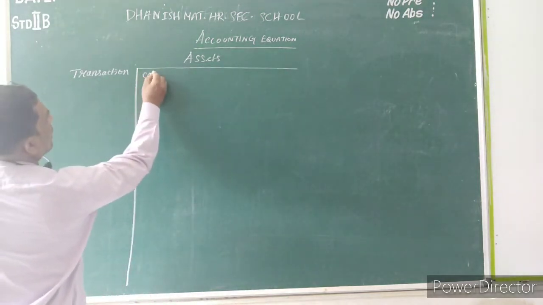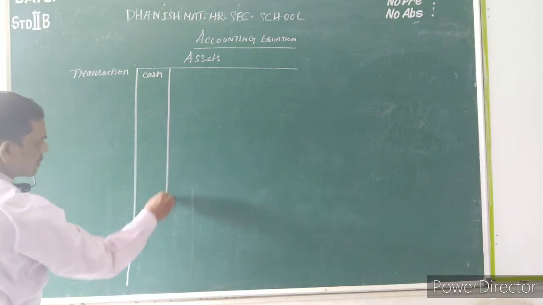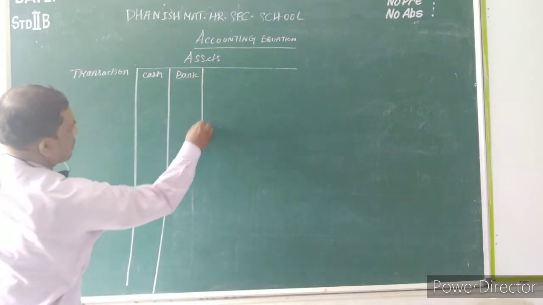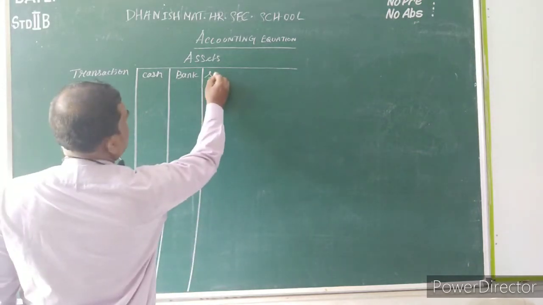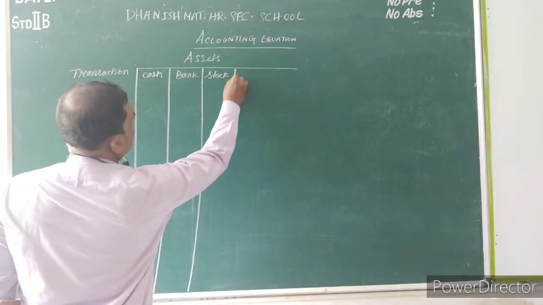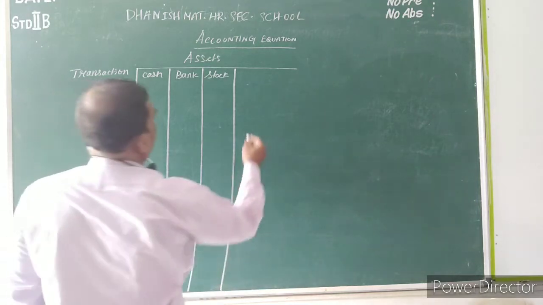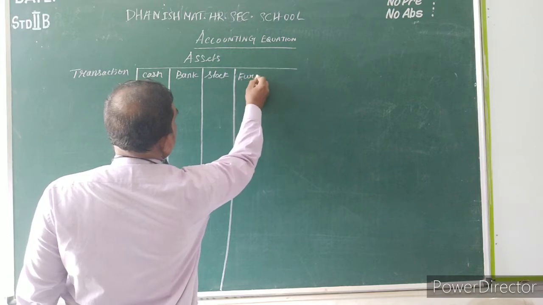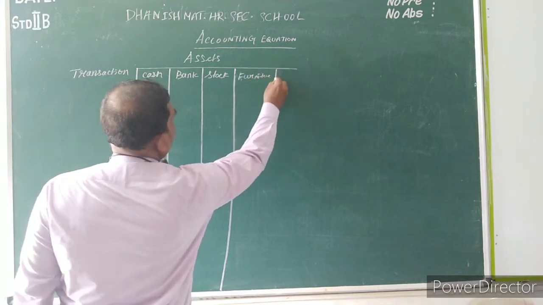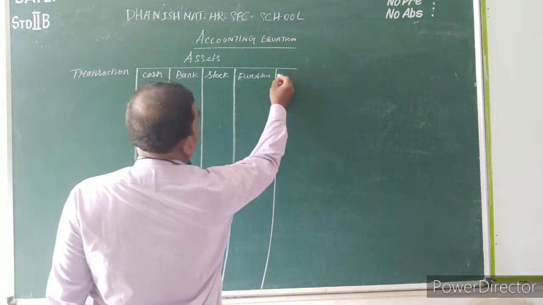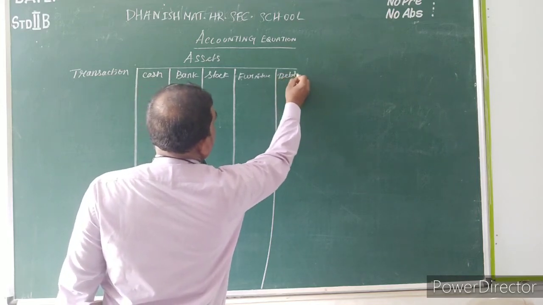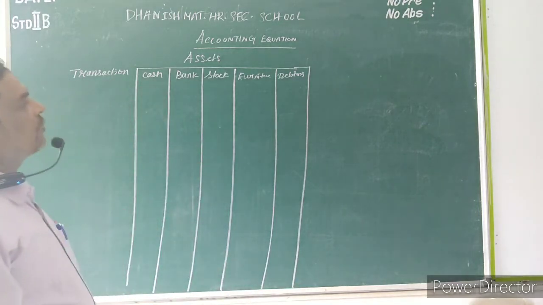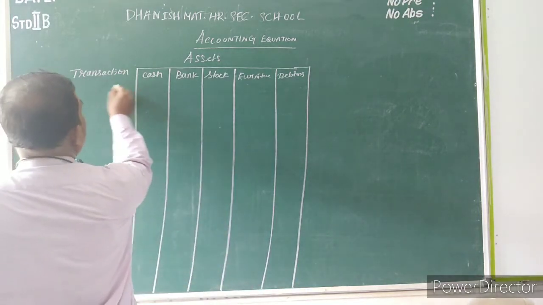One is for cash, another one for bank, another one for stock, another one for furniture, another one for debtors. Based on the given information, we have to make the assets column.